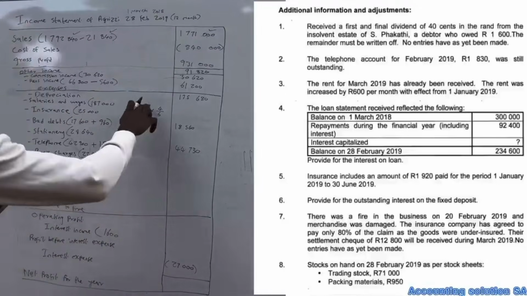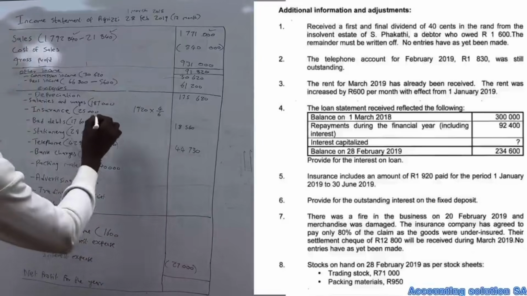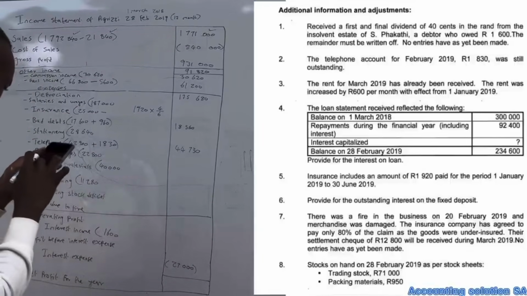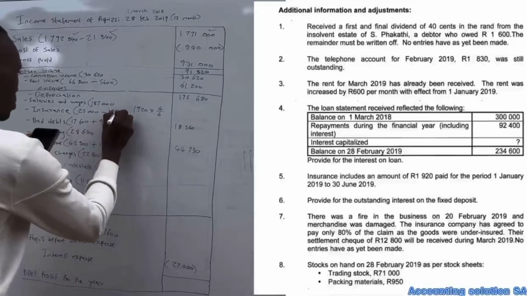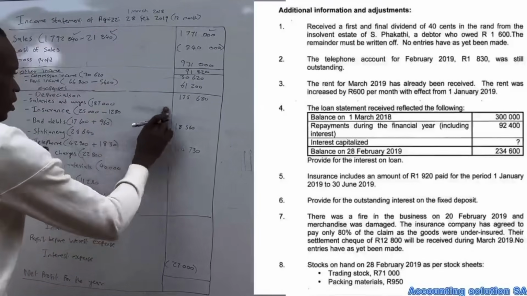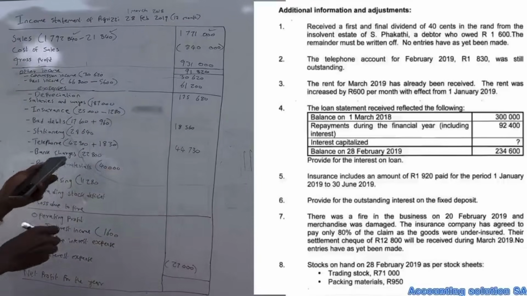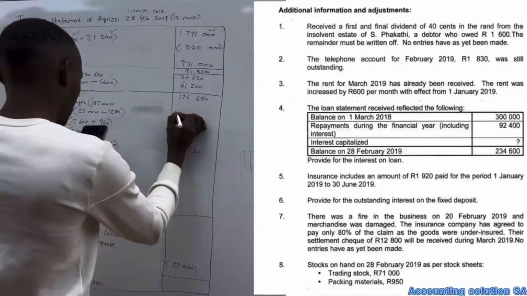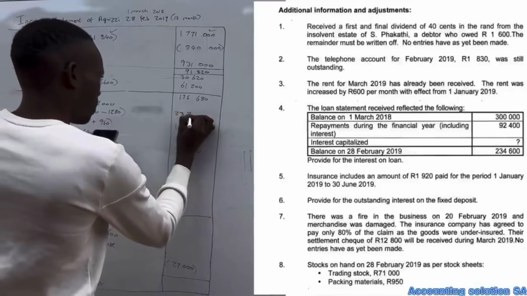Okay, if you do this calculation, you will find that under insurance, we are going to subtract an amount of 1,208 because this is an advance payment, so it must be subtracted. It does not belong to this reporting period, it belongs to next year. It is 23,720.